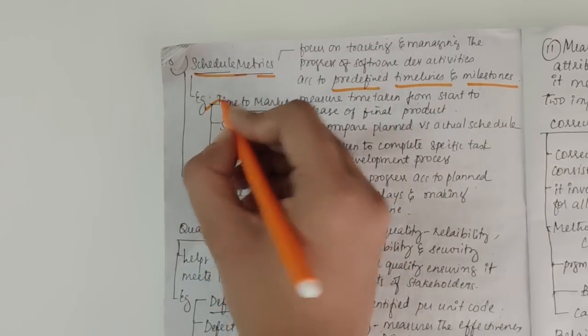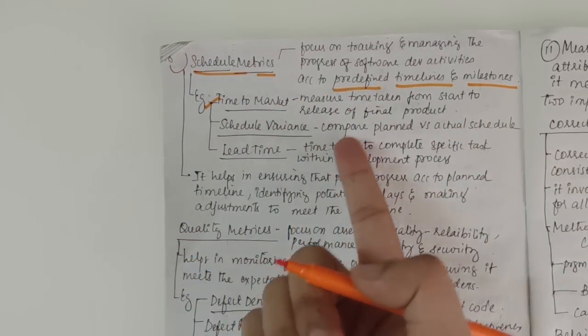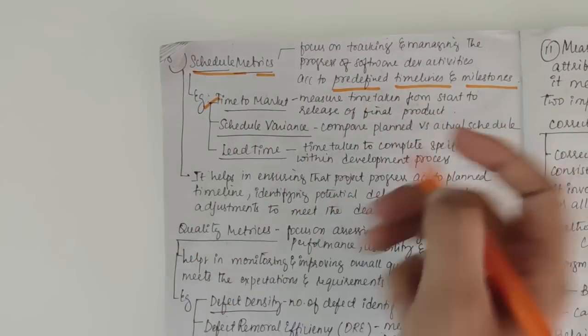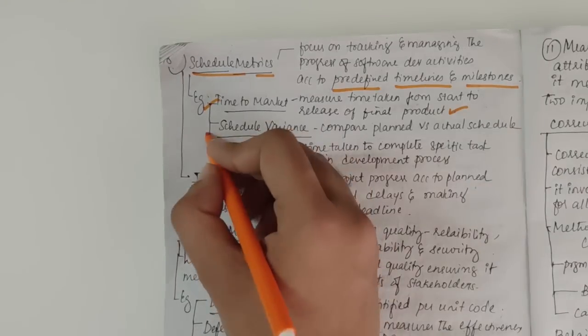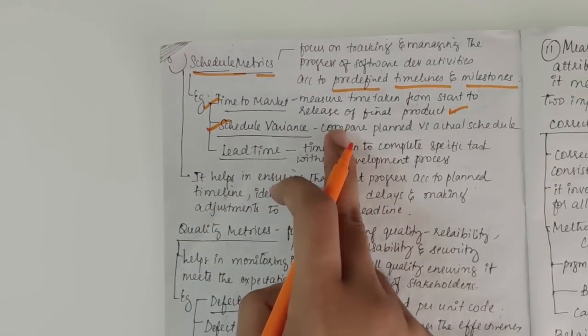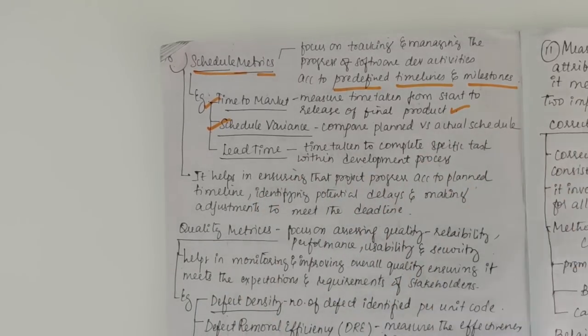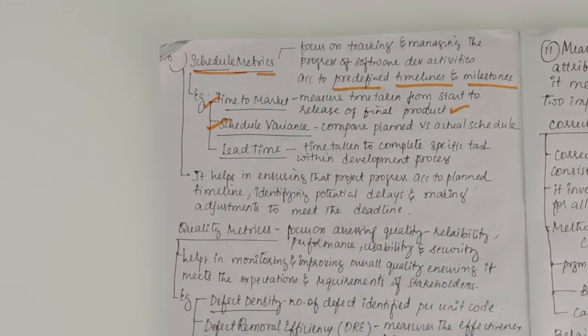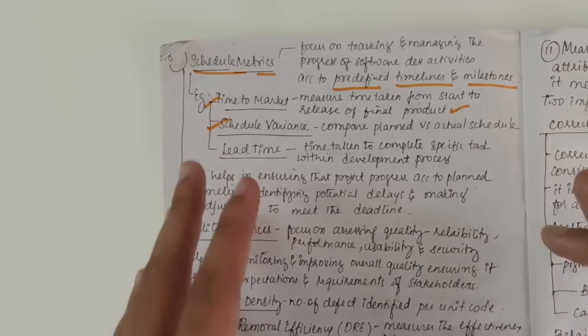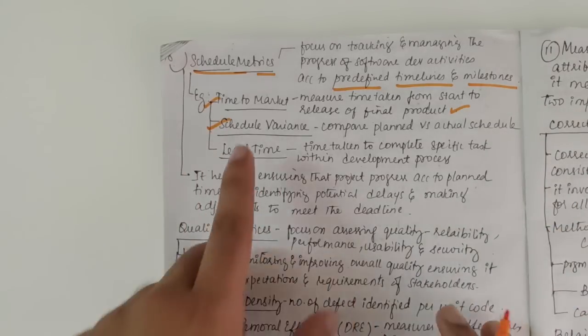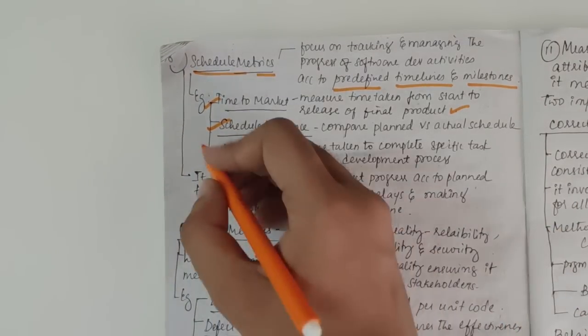Firstly, we have the time to market. Time to market tells the time taken from start to release of the final product. Then we have schedule variance, that is, planned versus actual schedule. Compared to what you had planned and what the actual schedule of your project is, we can make use of this metric. Then we have the lead time.